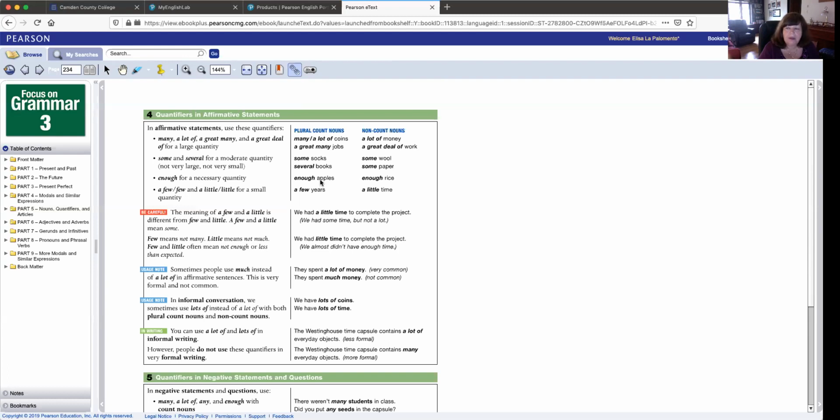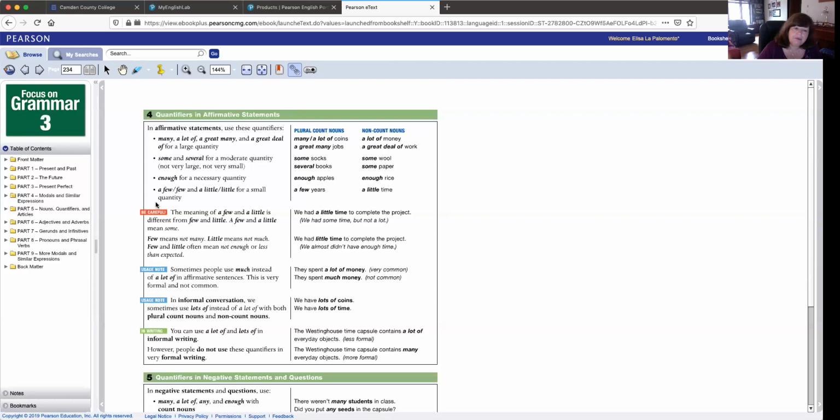That will be enough money for the milk. If she gives him $2.50, that is not enough money for the milk. So enough is what you need. It's not under what you need. Sometimes it can be over, but never under. So we have enough apples, that's a count noun. Enough rice, that's a non-count noun. So we can use the word enough for both count nouns and non-count nouns.